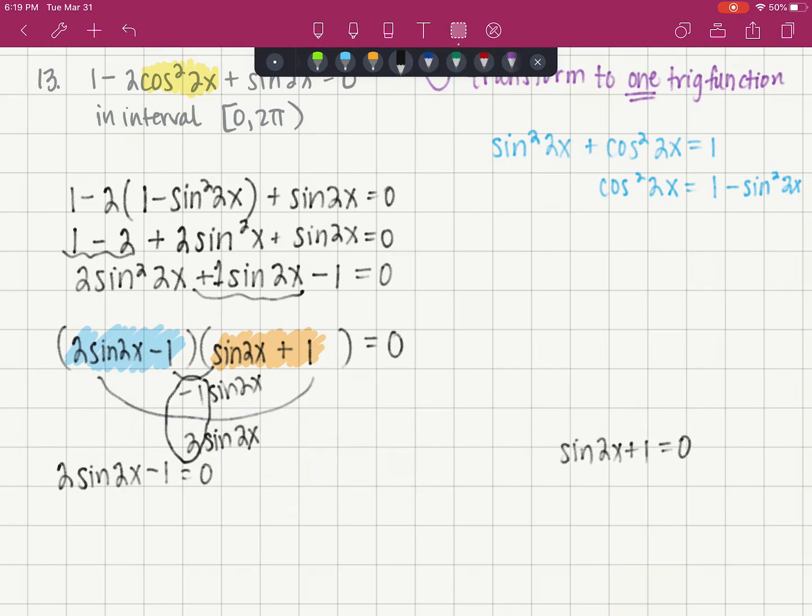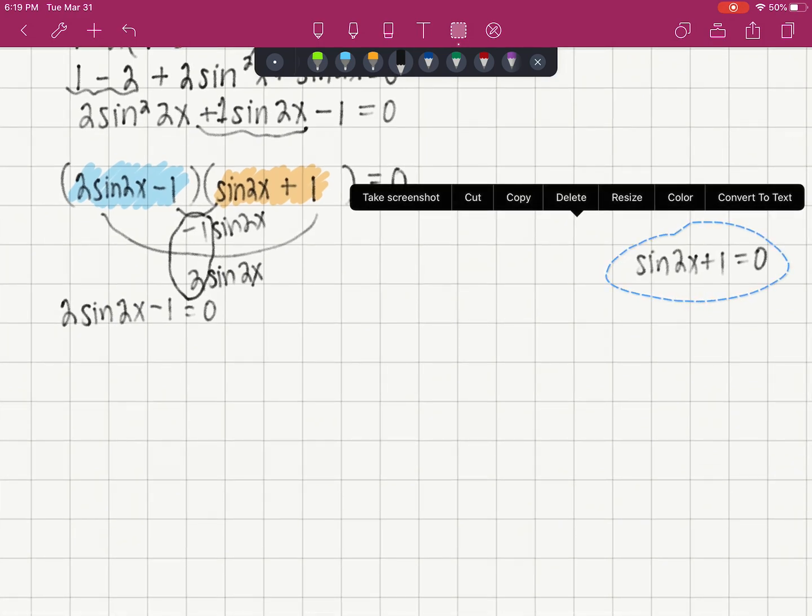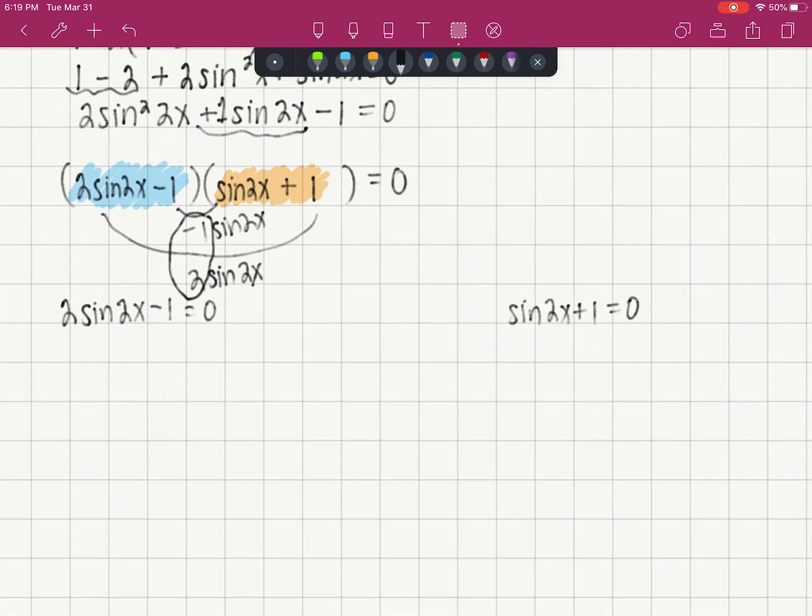I'm actually going to make a little bit of room here, just spread out a little. So this first equation, we're going to solve that. Sine of 2x equals 1/2. We'll add 1, divide by 2. And then we ask ourselves, where is the sine going to give us a ratio of 1/2? Well, that happens at our pi over 6 angles.